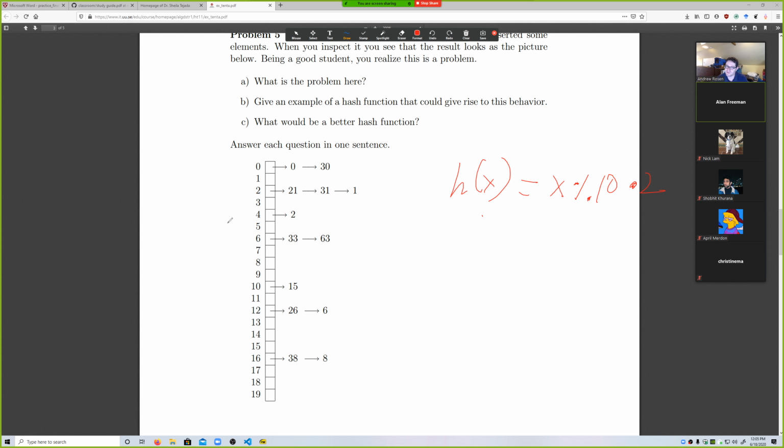Well, it doesn't use primes. Doesn't use primes. What else doesn't it use? It doesn't use any odd indices, because we're multiplying by 2. So what would be a better hash function?